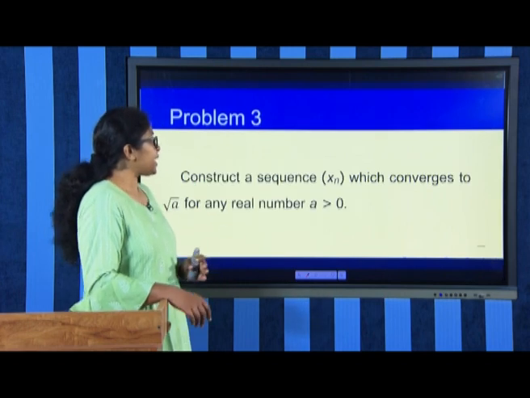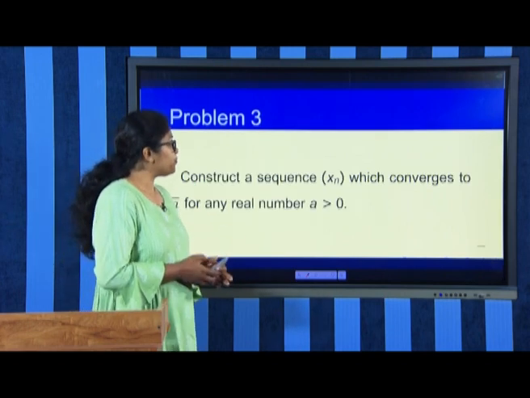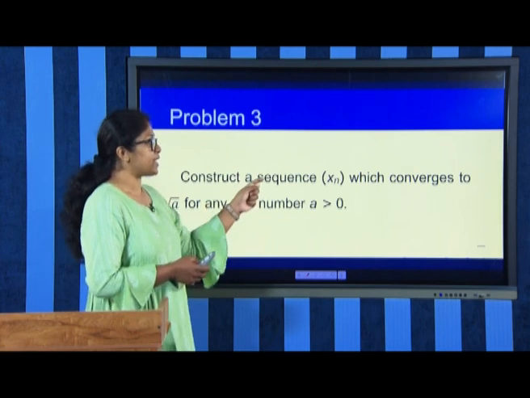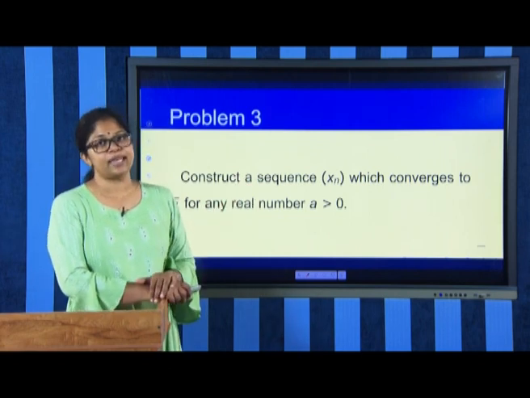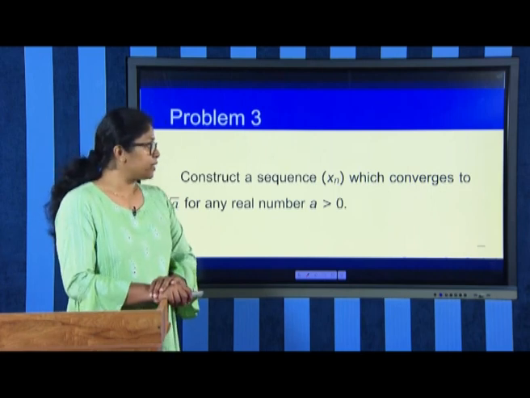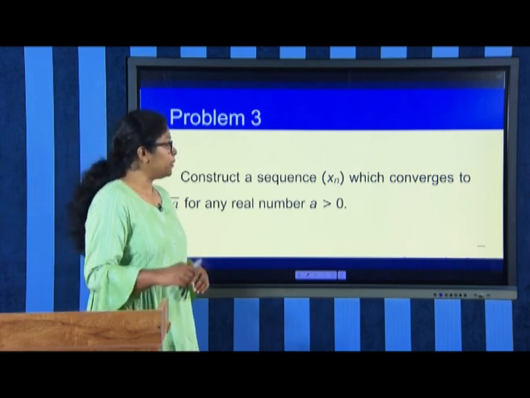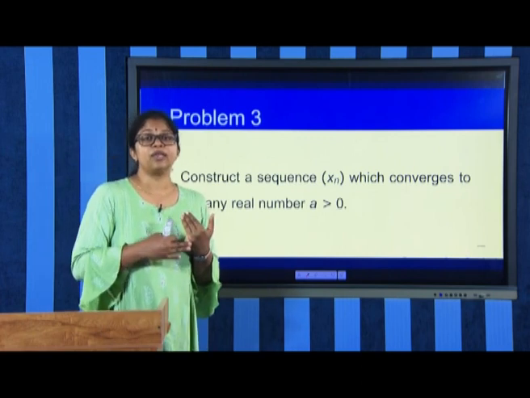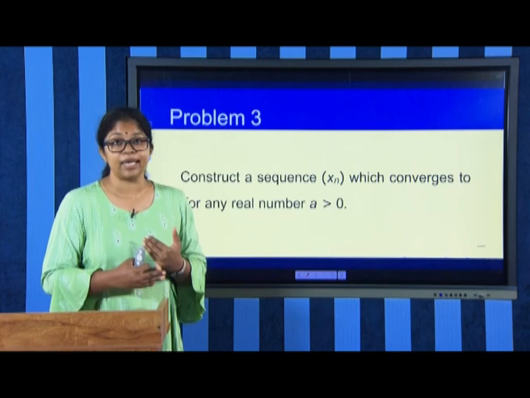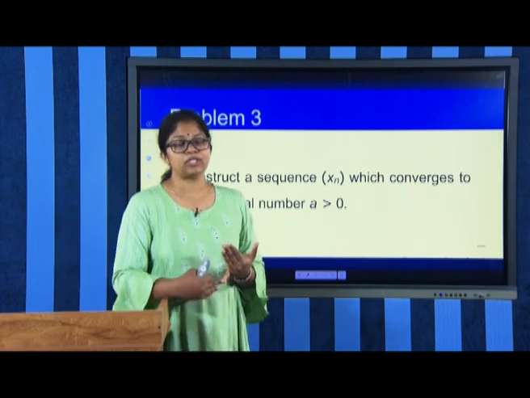Now, the same technique can be used for constructing a sequence xn which converges to the square root of a for any real number a greater than 0. For example, we have seen that the square root of 2 is not a rational number, it is an irrational number.